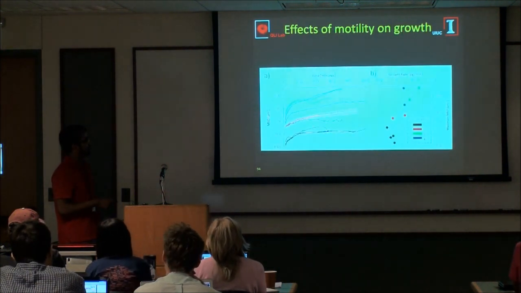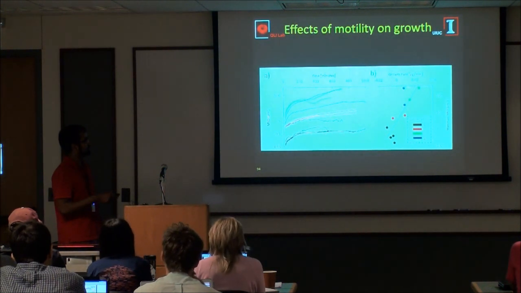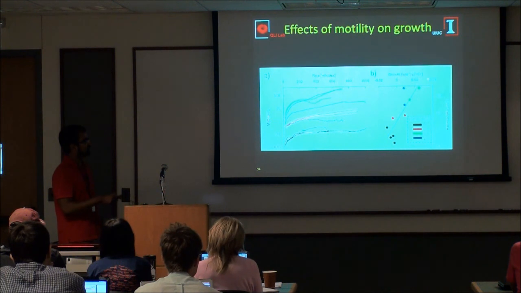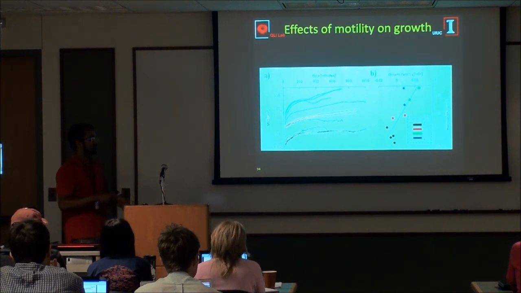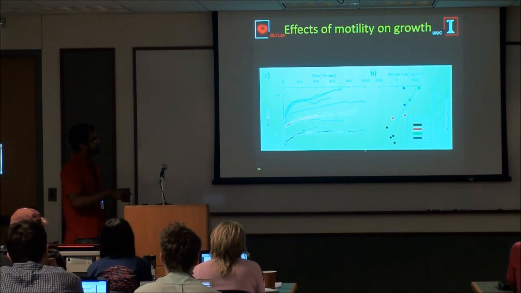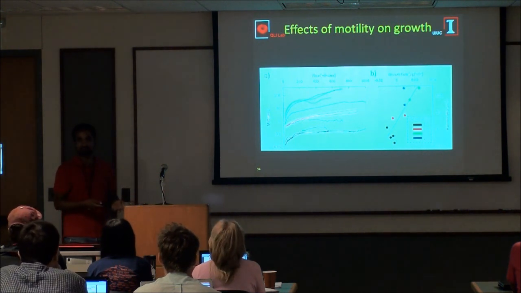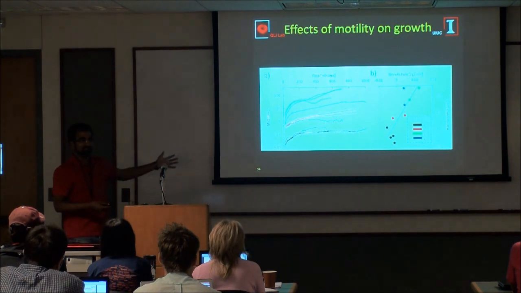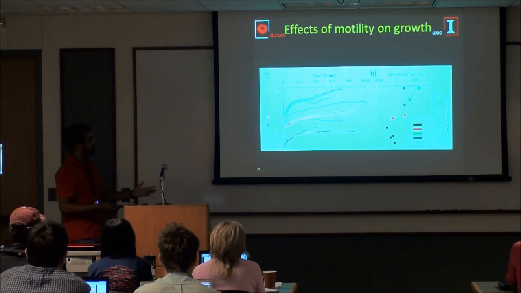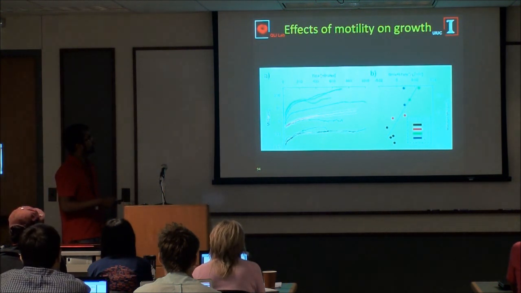We found a very nice trend going from the first generation to the third generation in terms of the mean square displacement and the growth rate. Basically, the more the cells were able to move, the faster they were able to grow, which was kind of new because people use polylysine all the time to culture their cells. And if the growth is inhibited so much, that's something you shouldn't really do.